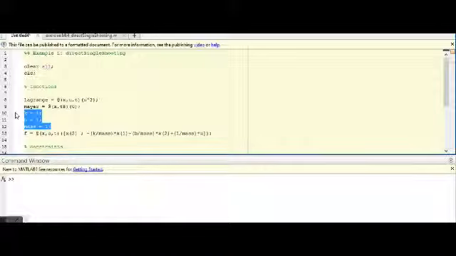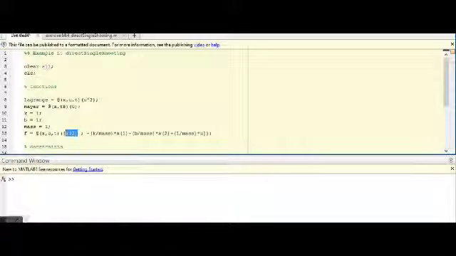F is the function, the dynamics. We solved that already. It's based on the state space formulation. The thing on the top is x2. I use x parentheses 2, which means the second state of x.